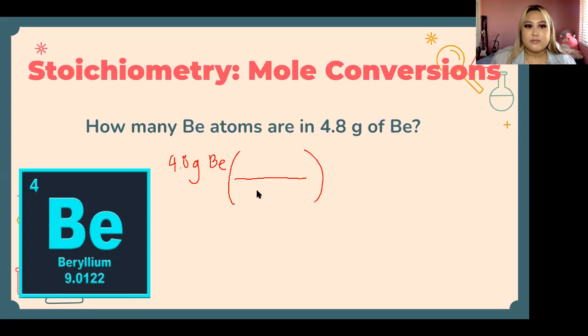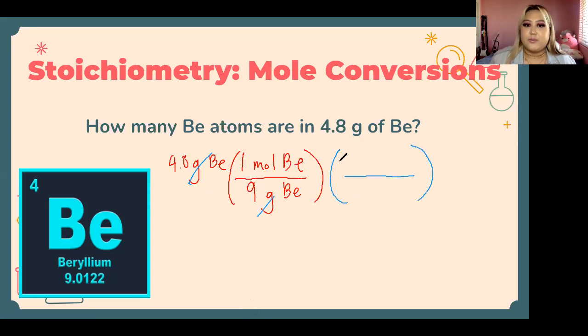Changing the grams to moles. So would the molar mass be on top or bottom? On the bottom. The 9 grams Be, 1 mole of Be. Okay, so that gets rid of the grams.